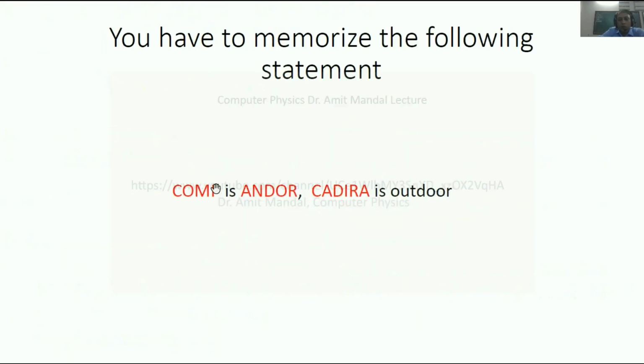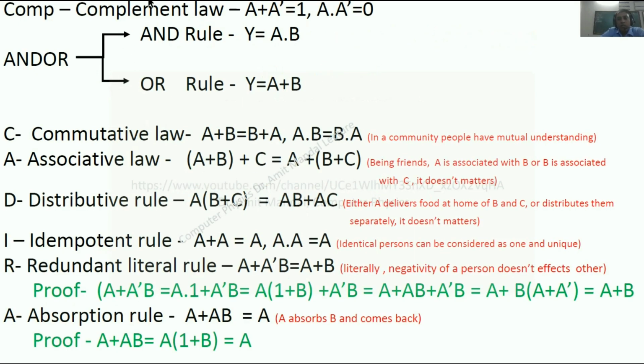Now from here, comp stands for complement law, which says that if you are adding A with its complement, this is actually the case of the OR gate. So if you are adding A with its complement, you will get 1. Okay, similarly, the complement rule for the AND gate is if you are ANDing A with its complement, A dot A complement, it equals 0.